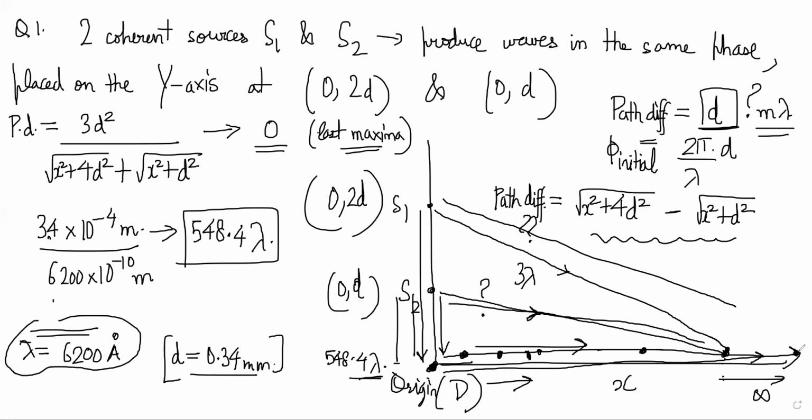So if you count all the maximas, you'll get 548, 547, so on till zero. So you'll get 549 maximas, counting the last maxima at infinity. If you don't count that one, you will get 548, right? Are you understanding?